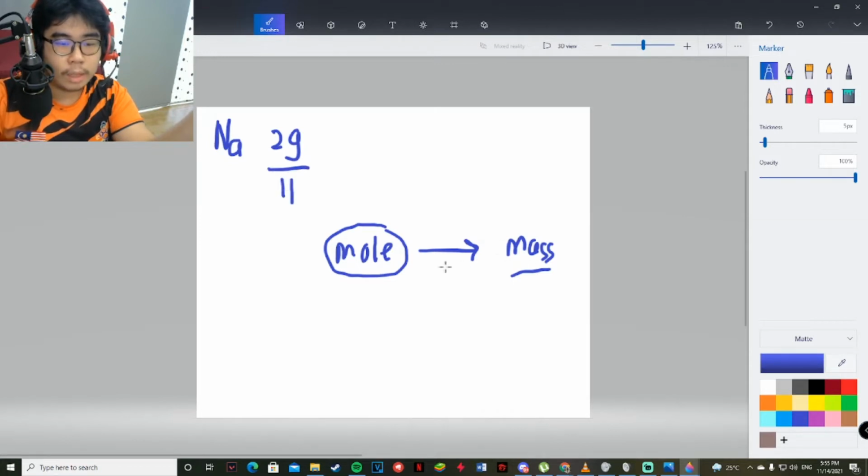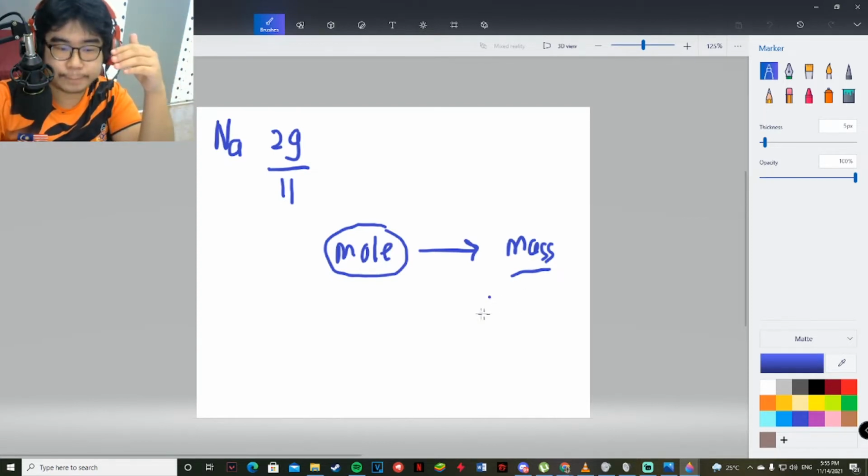In order to change from mass to mole, remember this is very important, because usually the question gives you mass and you need to change it to mole: it is the mass of the chemical substance divided by its RAM, the relative atomic mass.